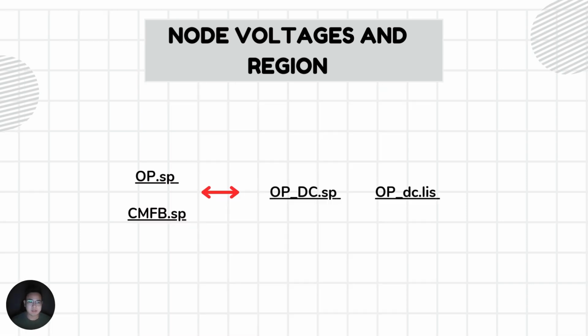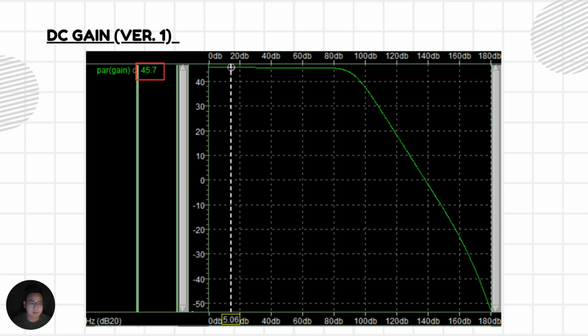For the node voltages and also region, we can create an op.sp and also cmfb.sp using the recall function, and put it in a file called op_dc.sp, which we can simulate and produce the .lis file. And also here is the DC gain for the project, and as you can see, it's quite low, 45.7 dB.